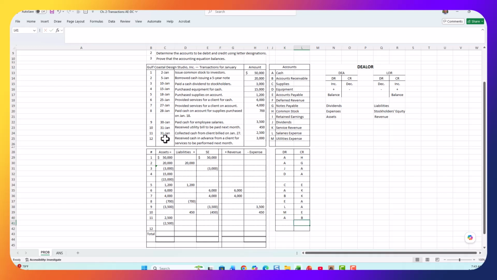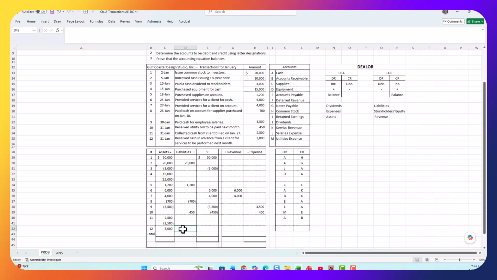The final transaction, also on January 31st, states that we received $3,000 cash in advance from a client for services to be performed next month. Because we're receiving cash, our assets increase. But nothing is earned yet.